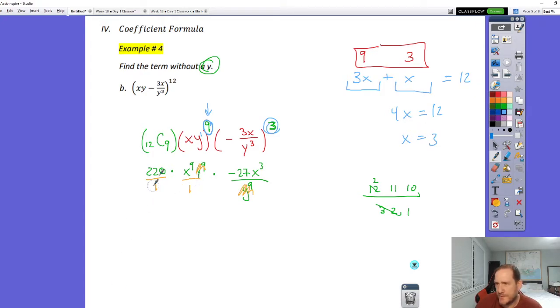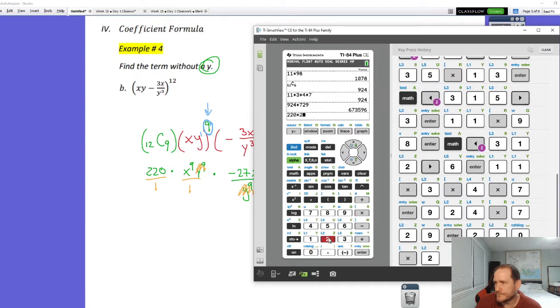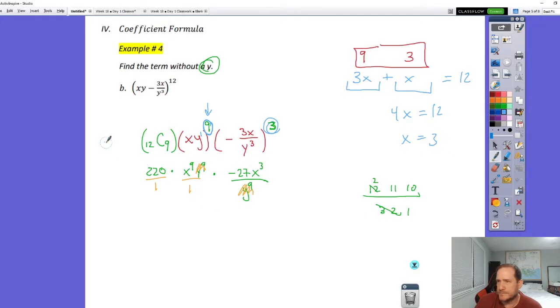So what on earth is 220 times 27? 5940. So negative 5940. And we've got 9 x's and 3 more x's, so that'll be x to the 12th.